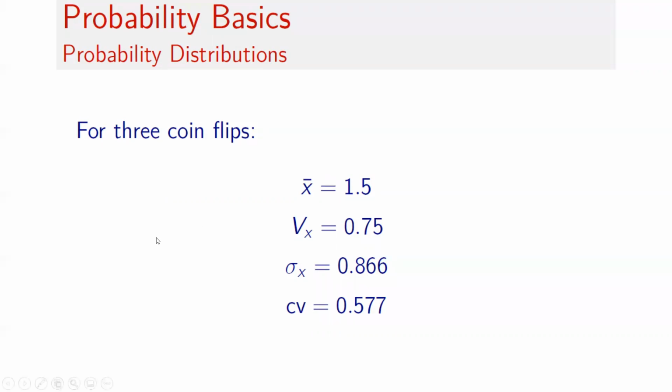The variance of the number of heads is 0.75, the standard deviation is the square root of 0.75, which is 0.866, and the coefficient of variation is equal to 0.577.